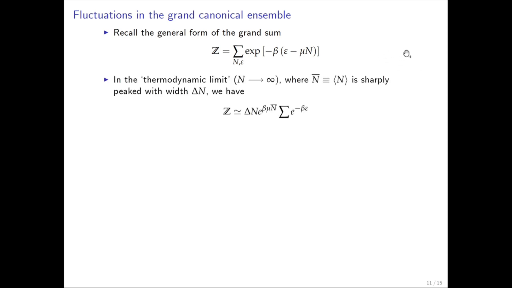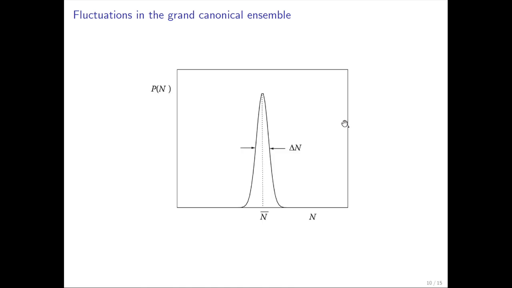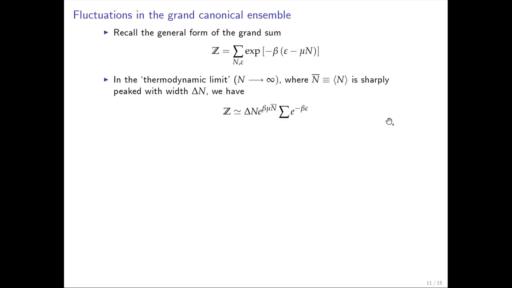So in this so-called thermodynamic limit, that is, n getting very, very large, just for convenience we'll call n bar this bracket n, so we don't have to write brackets all the time. So n bar, the mean n, is sharply peaked with width delta n, as we saw in this plot. Then we can make an approximation to the grand sum.